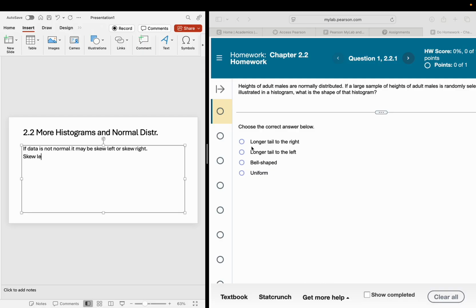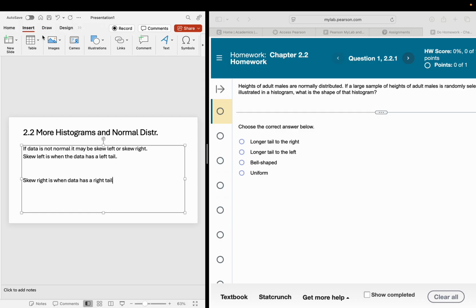We'll say skew left is when the data has a left tail. And then we'll say skew right is when data has a right tail.